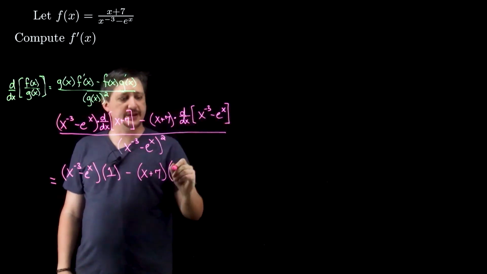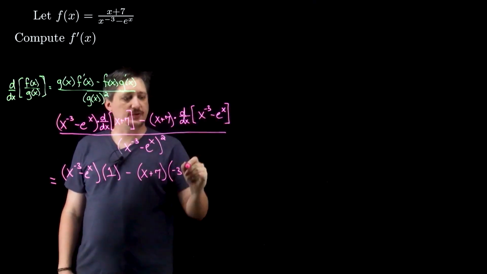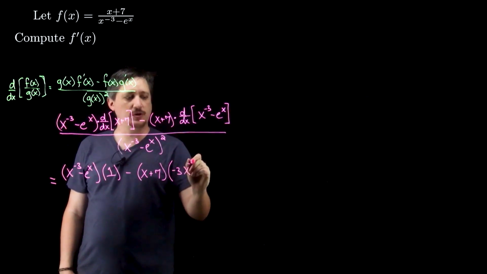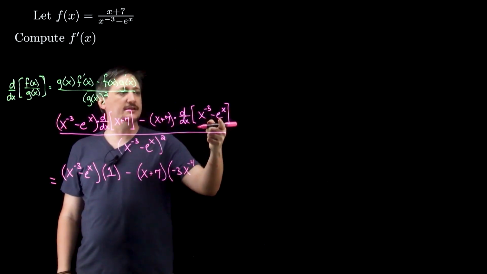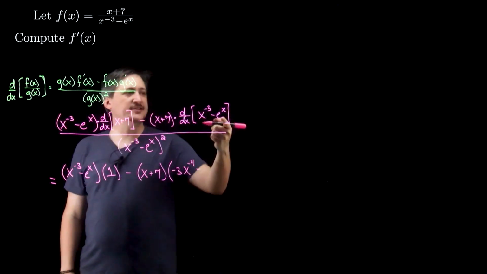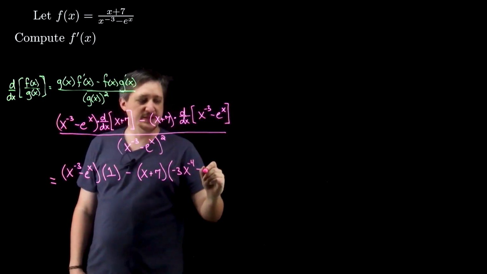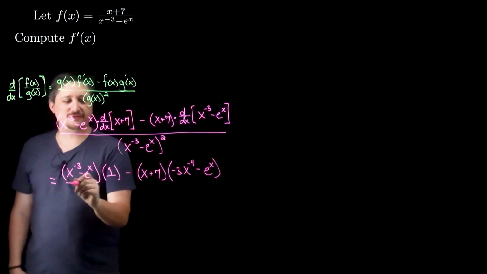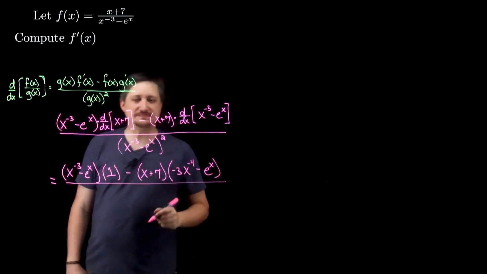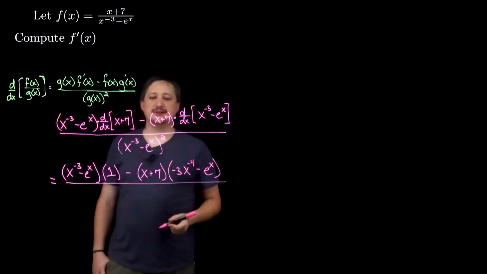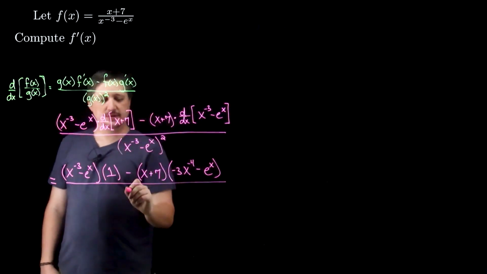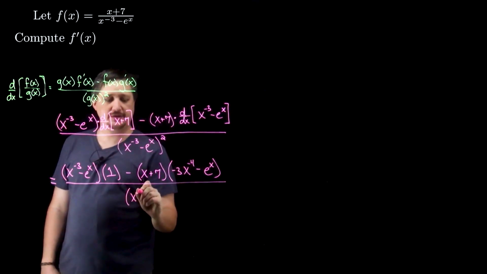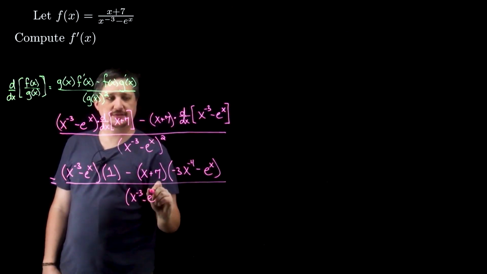So here I'm going to pull the negative 3 out front, then subtract 1, so I'm going to get x to the negative 4. And here I'm going to have minus, and the derivative of e to the x is itself. It's that special nice function, the super function, for calculus anyway, all over the bottom, x to the minus 3 minus e to the x squared.